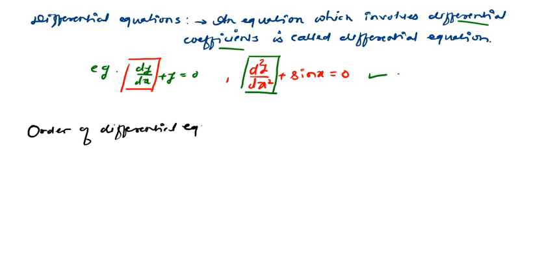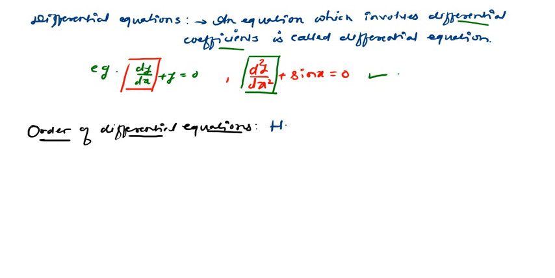Basically the question they may ask you is, find the order and the degree of the differential equation, so the definition will work here. The order of the differential equation is the highest ordered derivative involved in that differential equation. That will be the order.